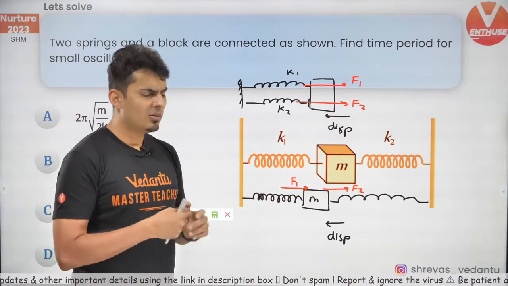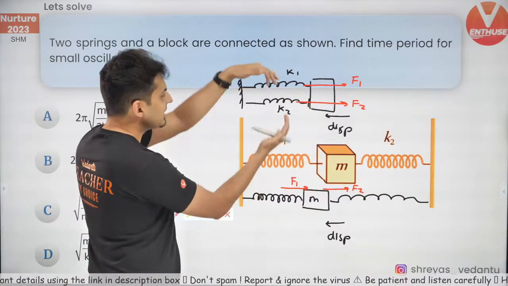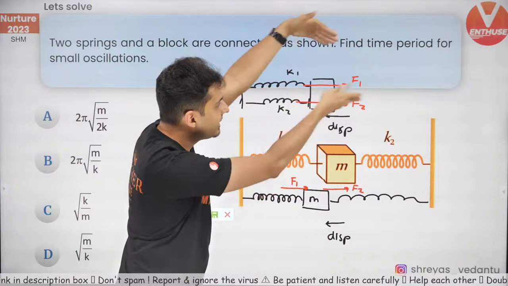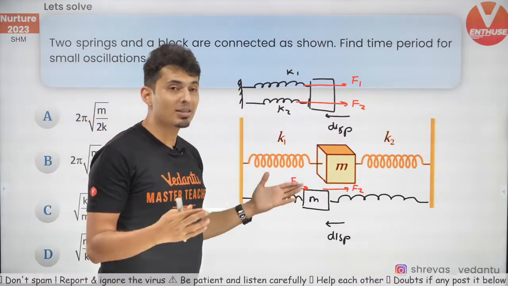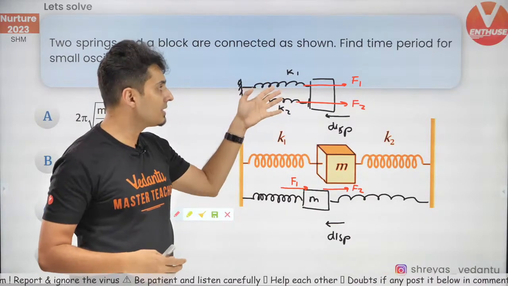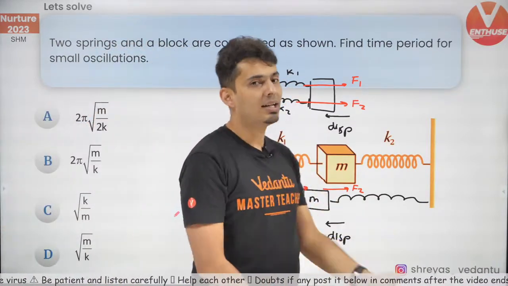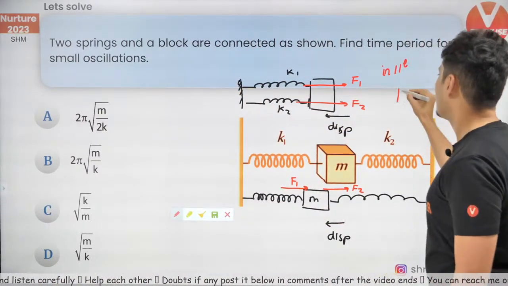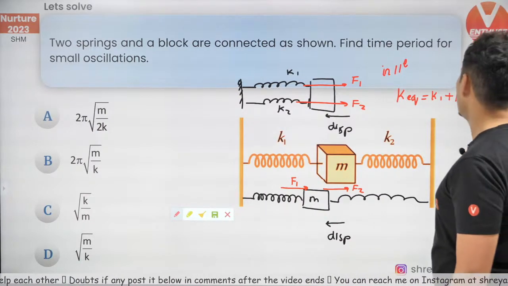Then I thought, oh, both the forces are in the same way, so might as well draw both the springs on the same side, and when you move the block this way, the forces will anyways come and help each other. So basically the forces are assisting each other and they are in parallel, and hence the equivalent spring constant in parallel, the K equivalent will be K1 plus K2.